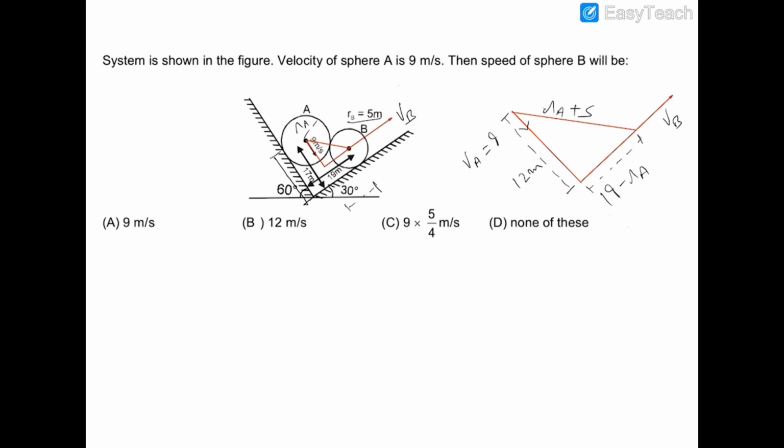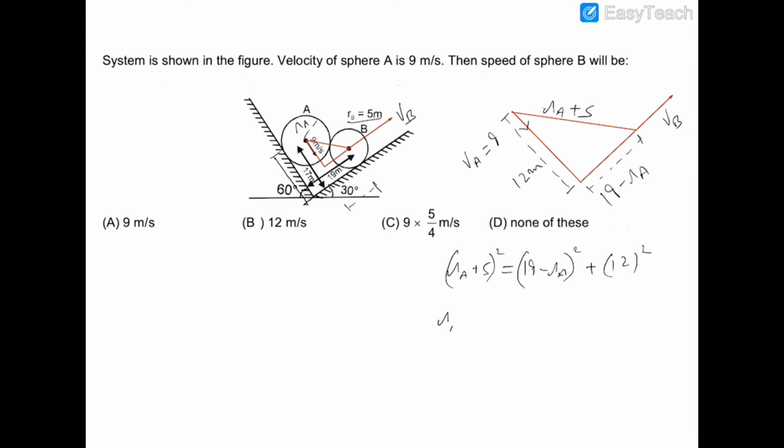So if I apply the Pythagoras theorem, the hypotenuse is RA plus 5 whole square, and it is equal to 19 minus RA whole square plus 12 whole square.